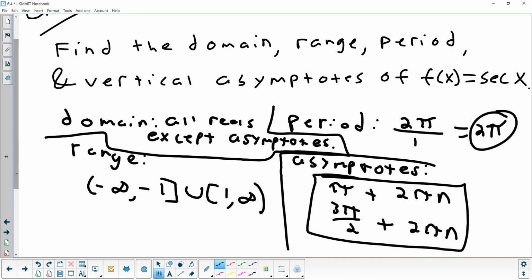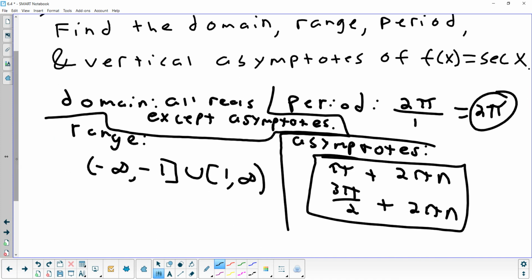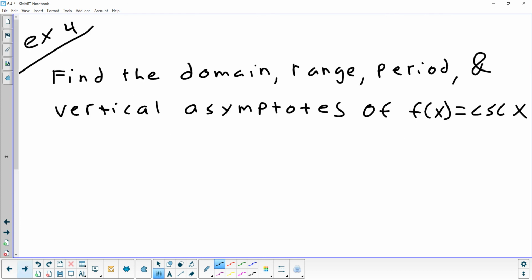It was pi over 2 and 3 pi over 2. I don't know if somebody said that and I wrote it wrong, but I just noticed that. For cosecant, it should be 0 and pi. That's what you should have in the table. And that's the only thing that would be different if we did this problem.